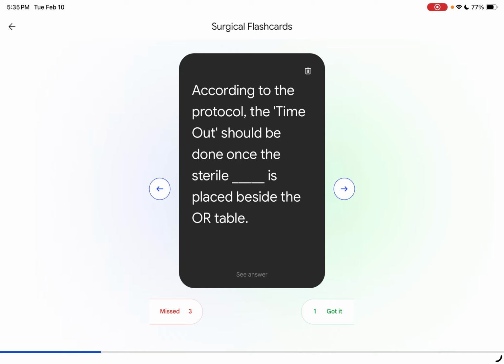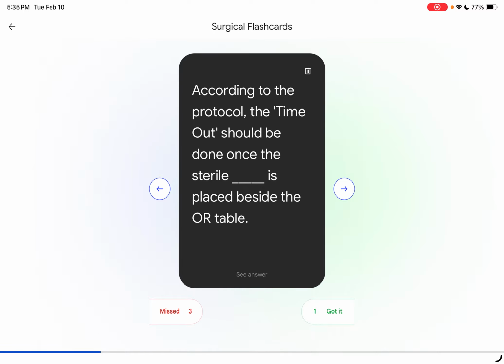According to the protocol, the timeout should be done once the sterile blank is placed beside the OR table. Anong blank, guys? Once the sterile field is placed.